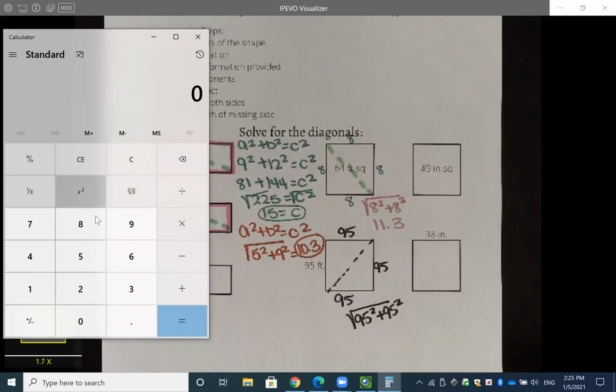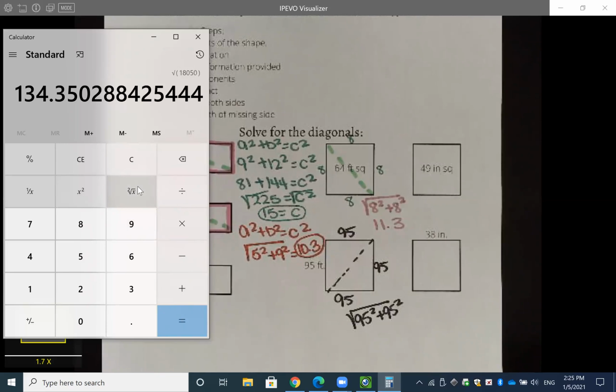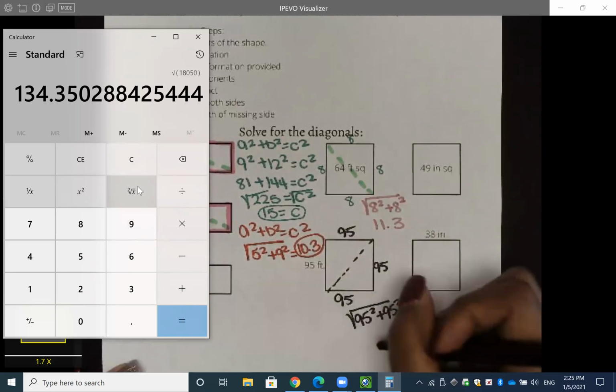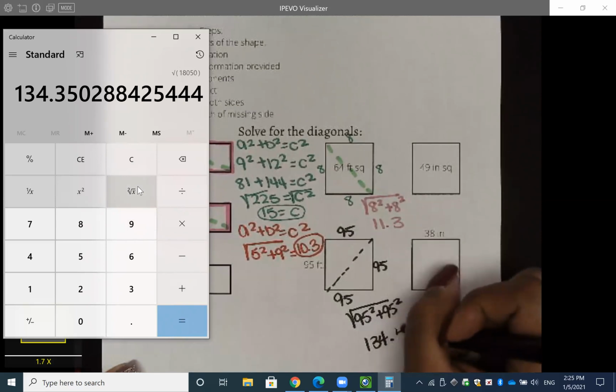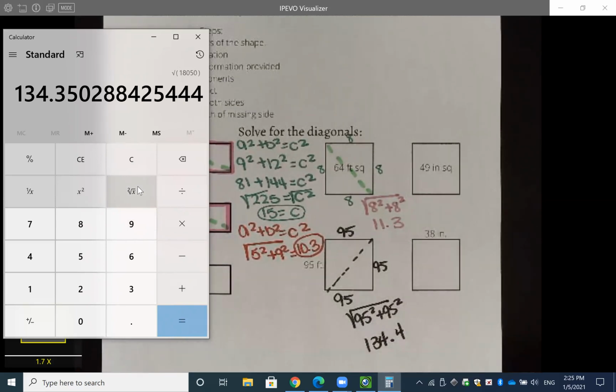So let's clear this out. I'm going to do 95 squared plus 95 squared equals, and then take the square root of that, and I got 134.4, because that 5 takes that 3 up to 4.